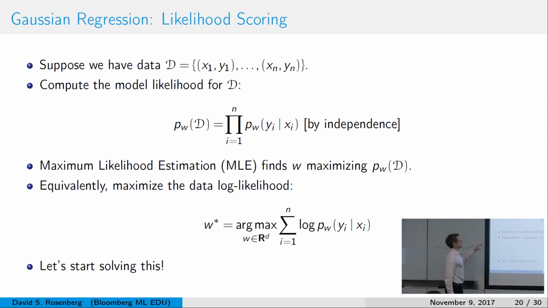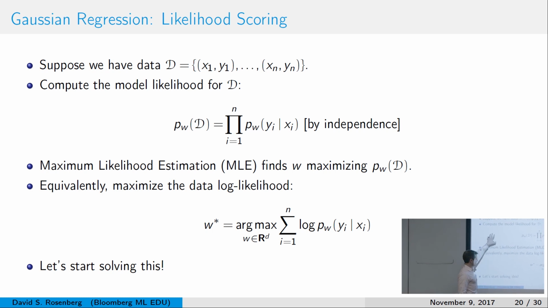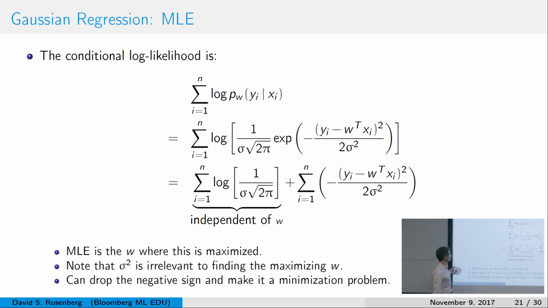And now what happens when we write down the likelihood for a given W for a set of data? You look up your density of a Gaussian distribution and you plug it in, and we don't need to work through the details, but you end up with this expression.